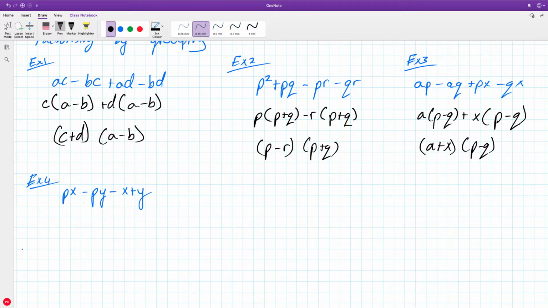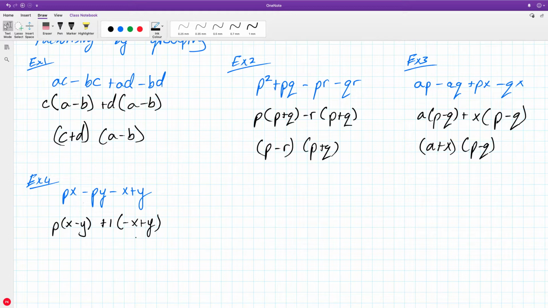Great. What do the first two have in common? And we're left with? Good stuff. What do the second two have in common? Tough one. Julianne, any idea what the second two have in common? Help her out. 1, exactly. They have 1. So if we put in a plus 1, what goes into our bracket? Either one of you have an idea? It's minus x though, you see, and then it's plus y. What's the problem? The brackets aren't the same.